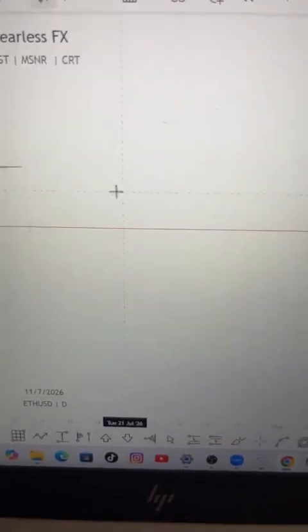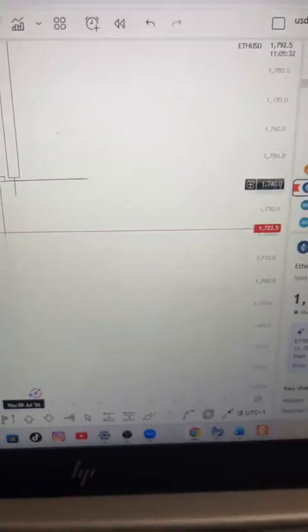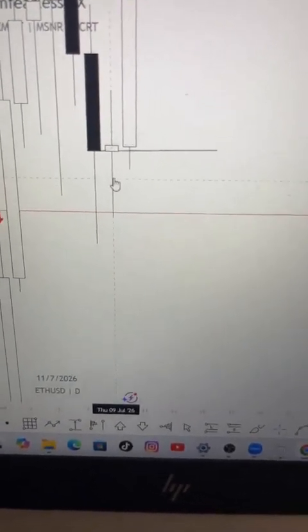This daily candle on Wednesday has to close. And once this candle closes, I wait for the next day to give me my confirmations.